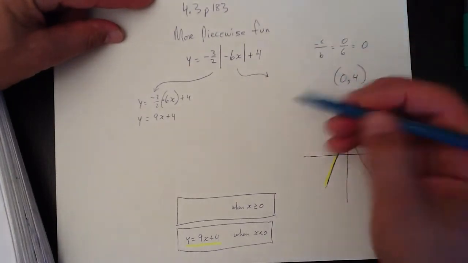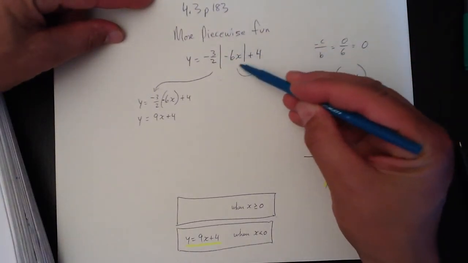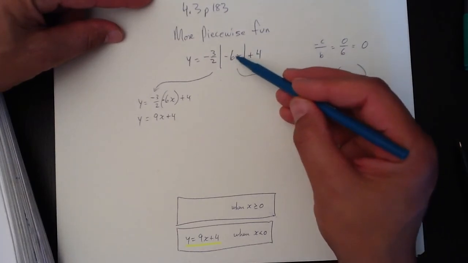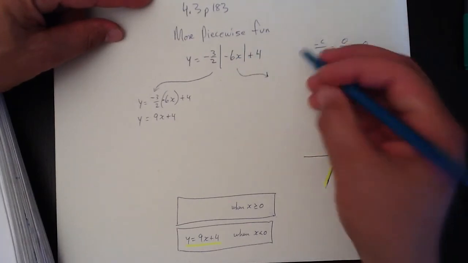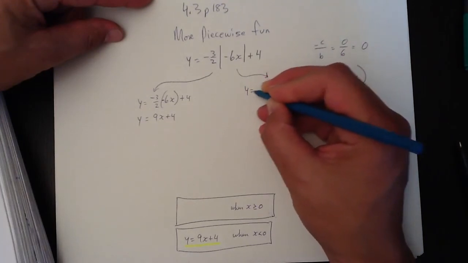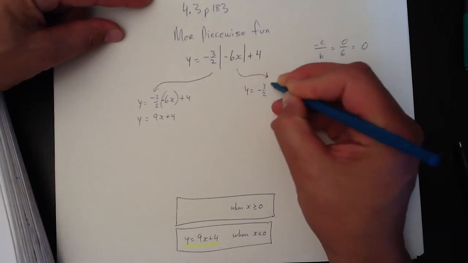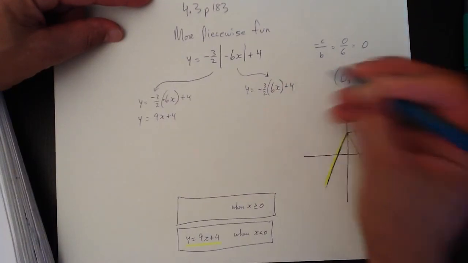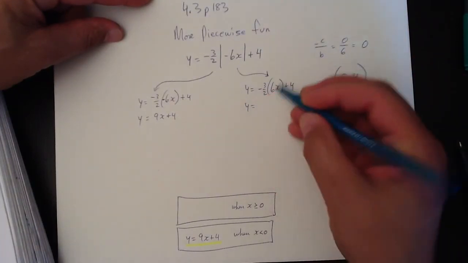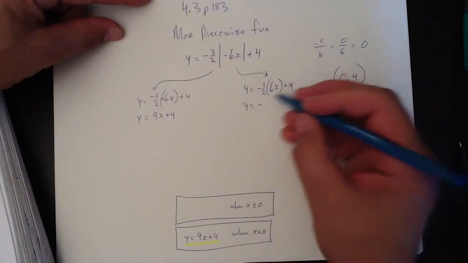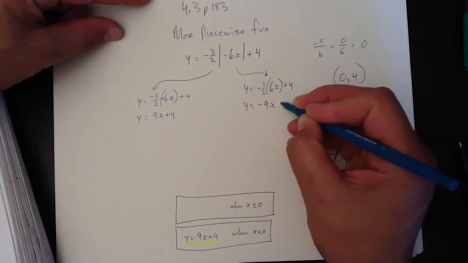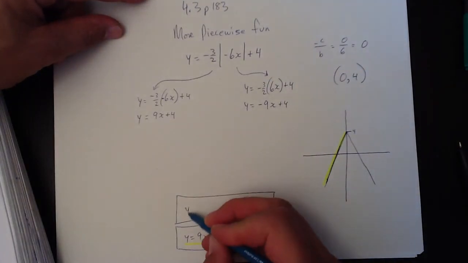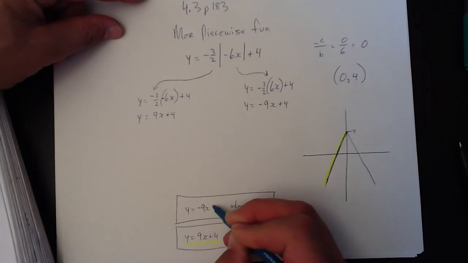So the other one is going to multiply this junk in here by minus 1. It doesn't matter if it's minus 6x or 6x, it will be the same value. So y equals negative 3 over 2 times 6x plus 4. So y equals negative 9x plus 4. No big surprise.